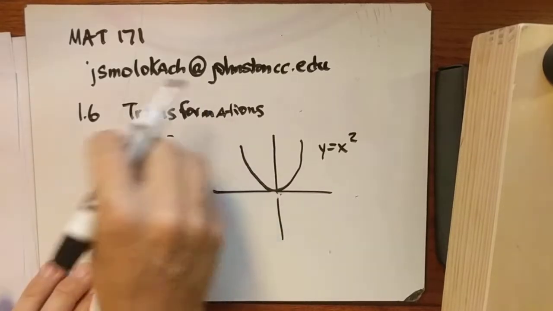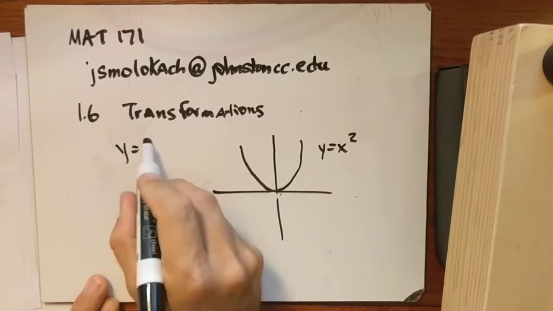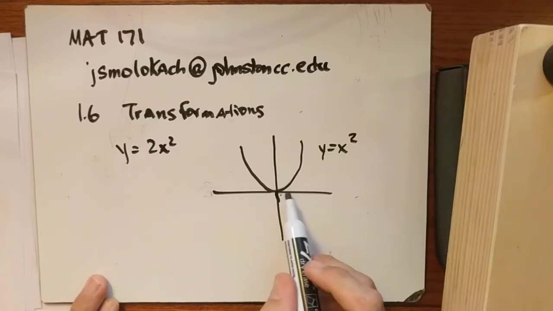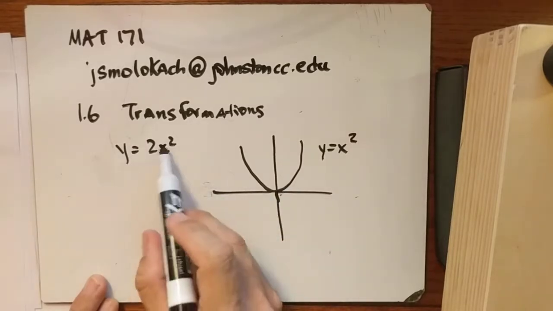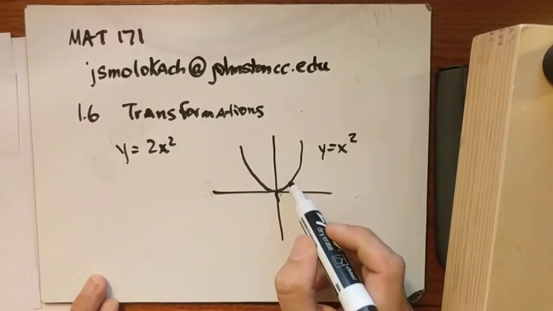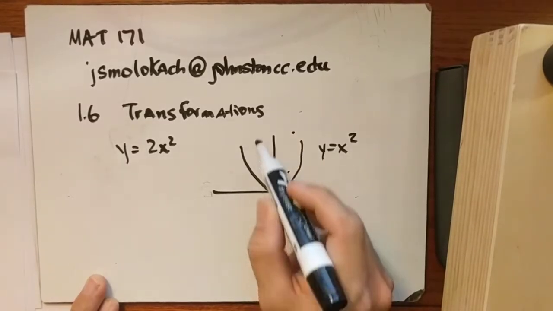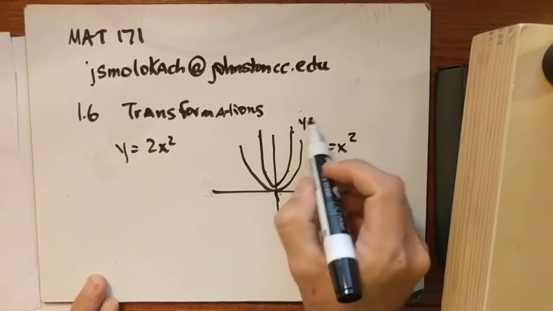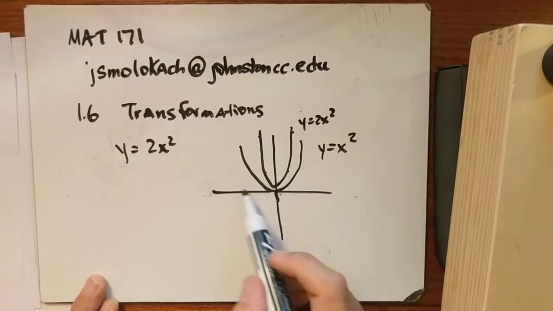All right, so what happens if we do, say, y equals 2x squared? Well, then all the old y values get doubled. When x is 1, y is 1 here, but what we'd have to do is multiply that 1 by 2. So every y coordinate is going to be twice as far away from the x-axis, and so this gets stretched out. If there was a 1/2, then it would be half the distance to the x-axis.